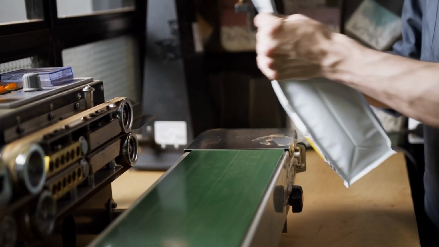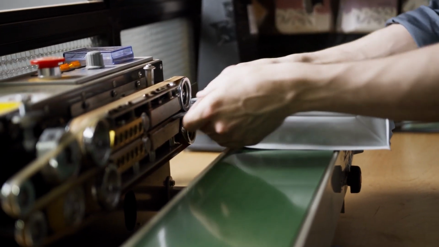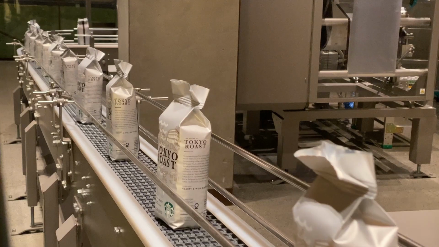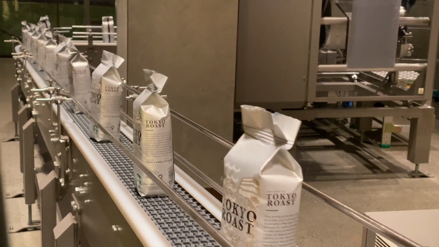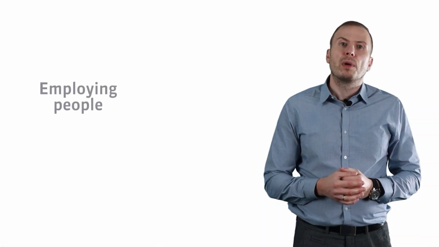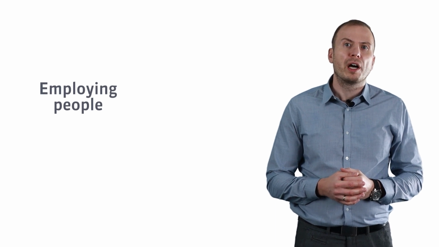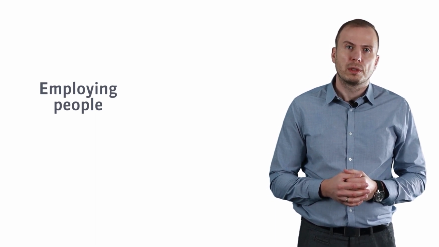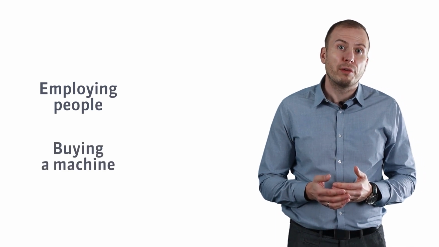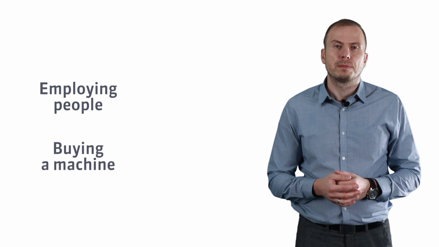A company manager is considering whether to hire people to pack their products or to buy a packaging machine. Employing people means higher variable costs, and purchasing a machine means higher fixed costs.